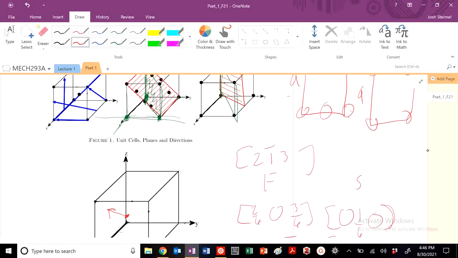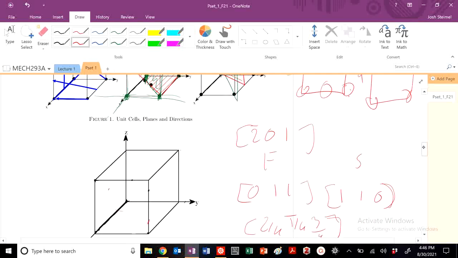All right, 2 bar 0 1. So this is going to be 0, 1, 1, 1, and then this is going to be 1, 0. One of these is going to have to be a half.